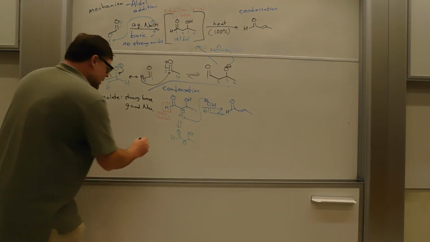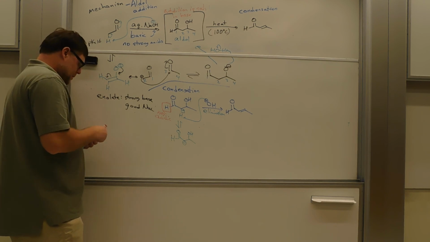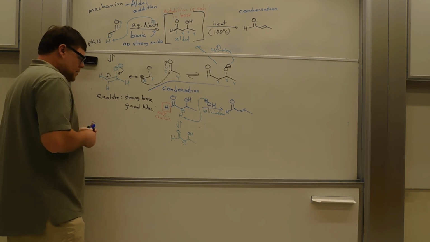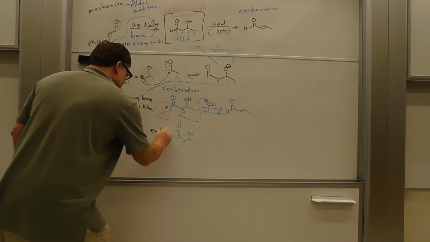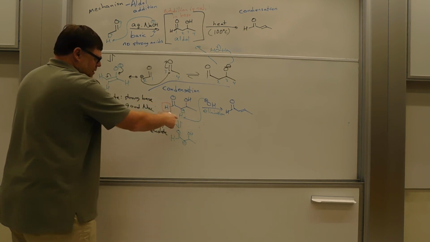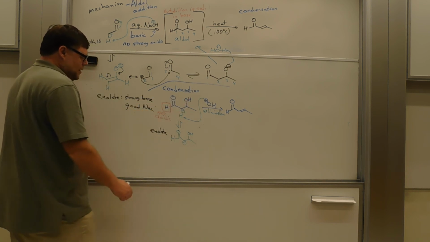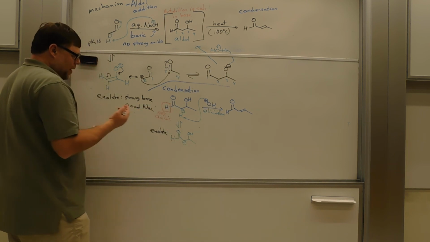So we make an enolate. Again, this is kind of 50-50. The pKa there now with the added stuff is probably 17 or 18, so it favors the start a little bit, but it's there.